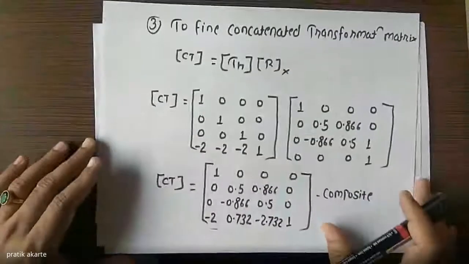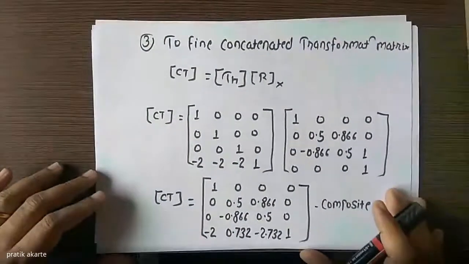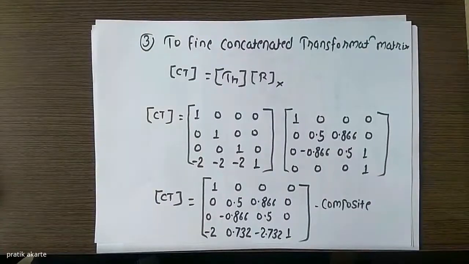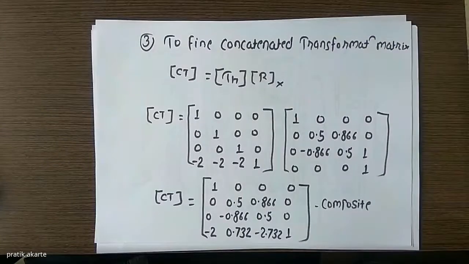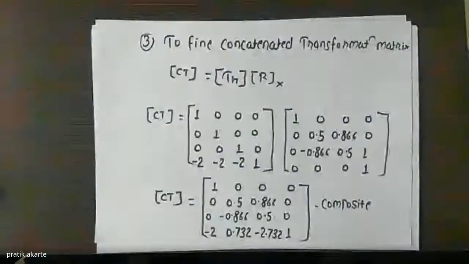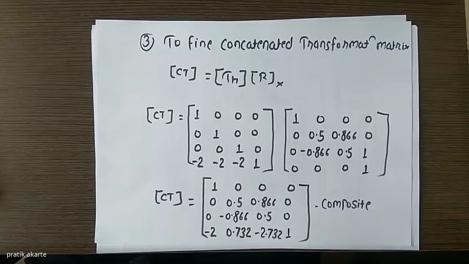Now the difficulty you may face is, you can solve matrix multiplication up to 3 by 3. And here if you encounter a problem of 4 by 4, there might be chances you may get confused. So your basics must be clear for the multiplication.